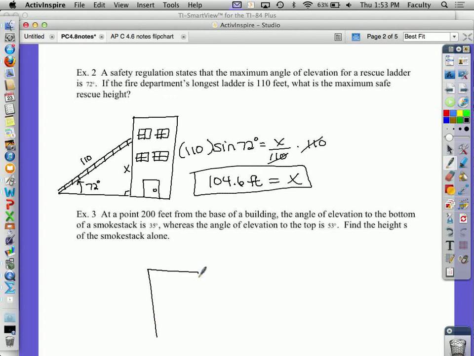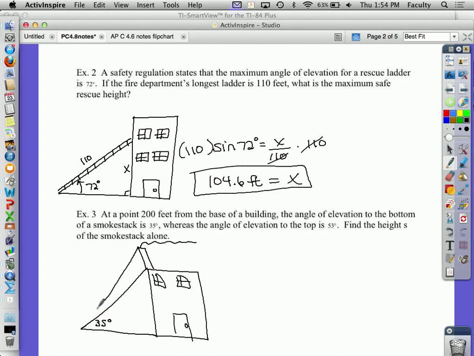So, alright, here's our building. And let's say here's the smokestack. So the angle of elevation to the bottom of the smokestack is 35 degrees, but the angle of elevation to the top of the smokestack is 53 degrees.